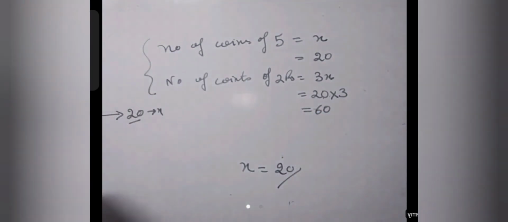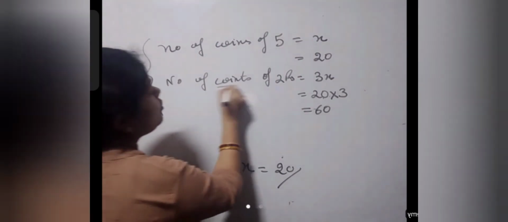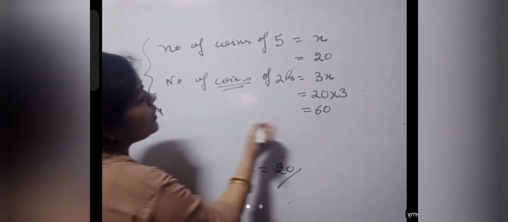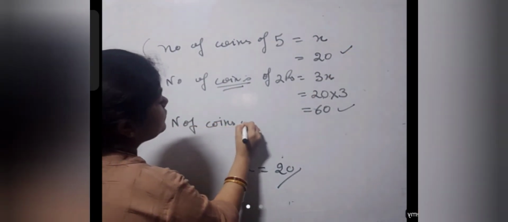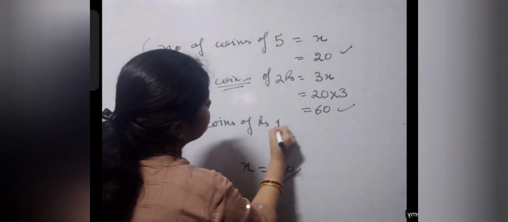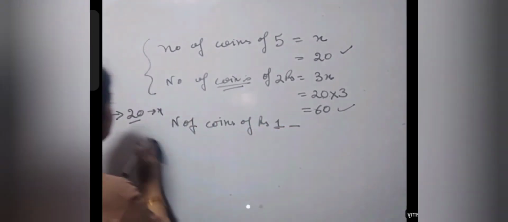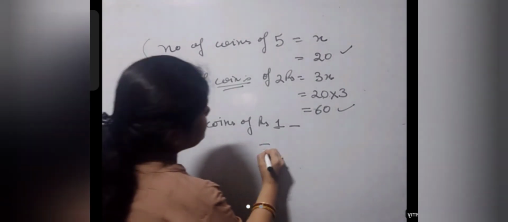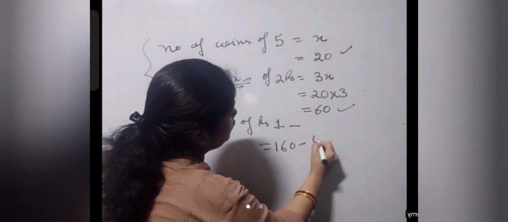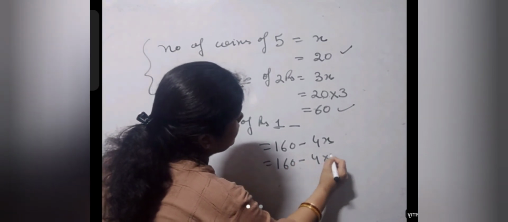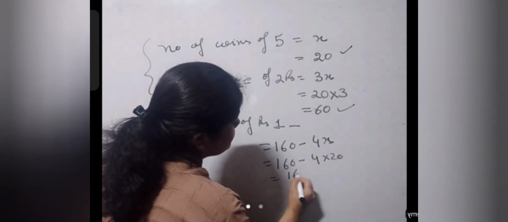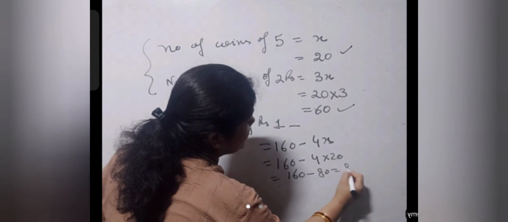These are the coins we have to count. The number of coins of rupees 1 is 160 minus 4x, that means 160 minus 4 into 20. That is 160 minus 80, which is equal to 80.